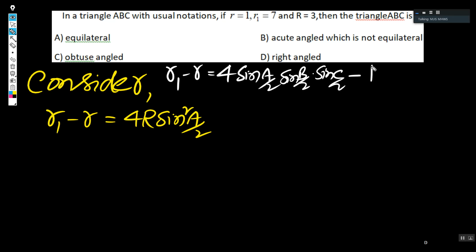I wrote wrong. Even then you are just gazing, seeing. Cos B by 2, cos C by 2, minus 4R sine A by 2, sine B by 2, sine C by 2.